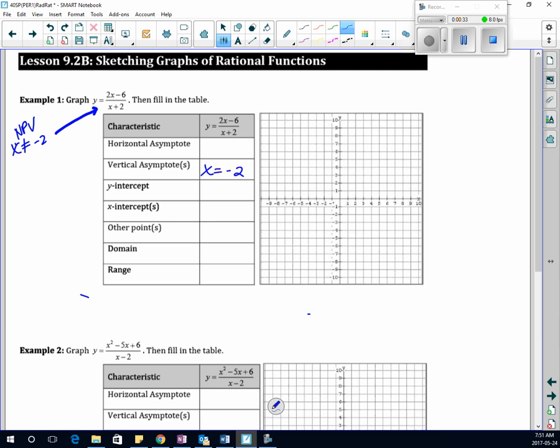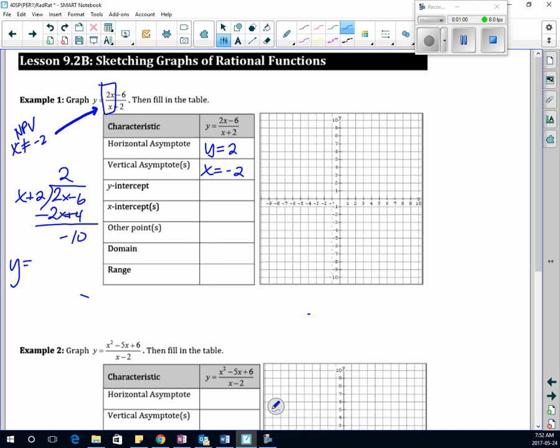The other thing that we figured out is that the leading coefficients, if they're the same degree, if you divide that, that gives you your horizontal asymptote. Again, if you don't understand that, you can actually do long division and go x plus 2 goes into 2x minus 6 twice, and you get 2x plus 4, subtract, so we get -10.